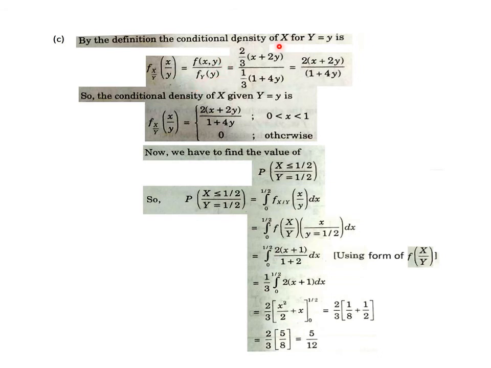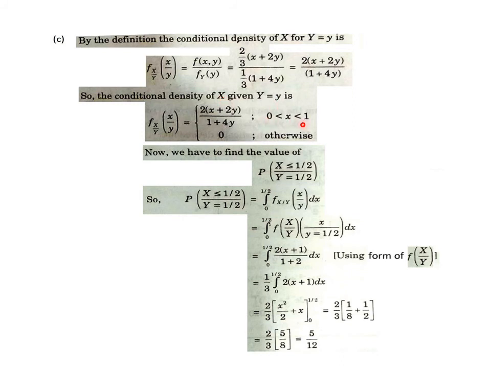But here, for the conditional density of x for Y equals y, we divide the joint density by the marginal density of y. We know the joint density of x and y from the beginning is given as 2/3 into (x plus 2y), and fY(y), which we calculated in the final step of the last slide, is 1/3 into (1 plus 4y). If you simplify it, you will get 2 into (x plus 2y) upon (1 plus 4y), and it is the conditional density of x, so limits are to be kept over x.